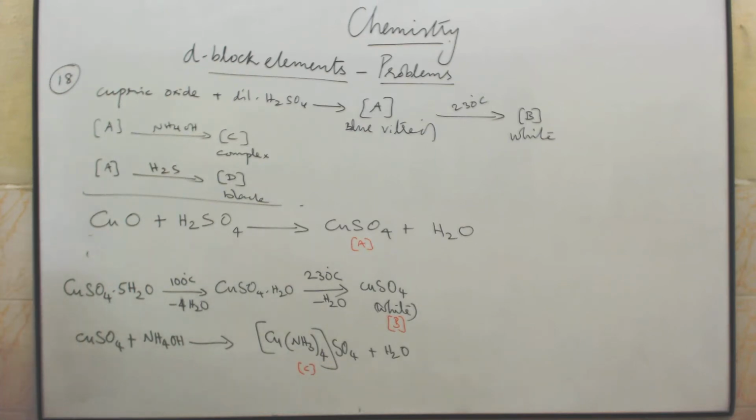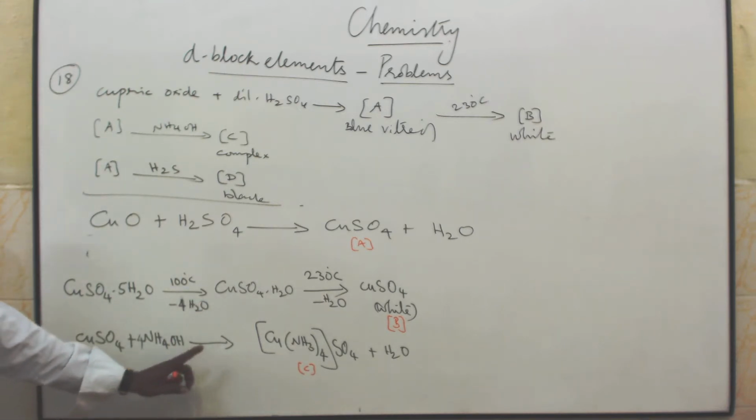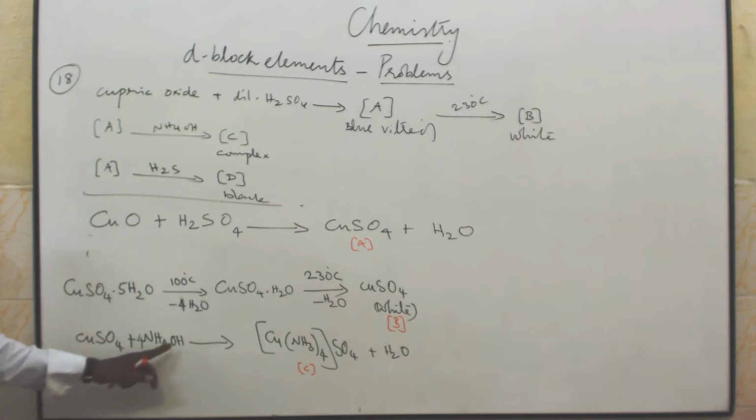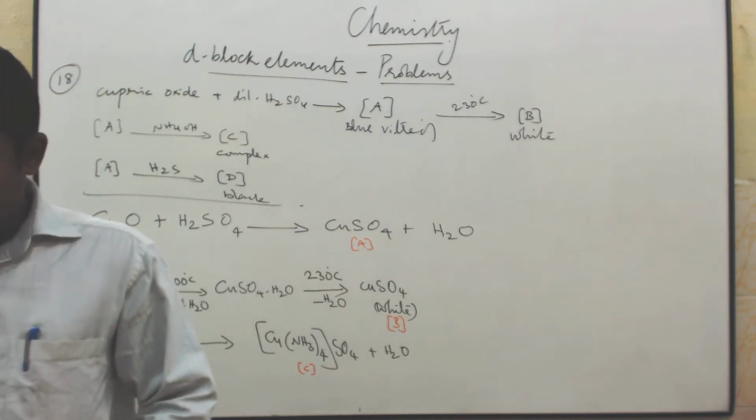How to balance? That is 4 ammonia, 1 copper, 1 copper, 1 sulfate, 1 sulfate. Then sulfur, okay. 4 oxygen, that side is 4 plus 5, 5 oxygen, that side also 5 oxygen, so balanced.